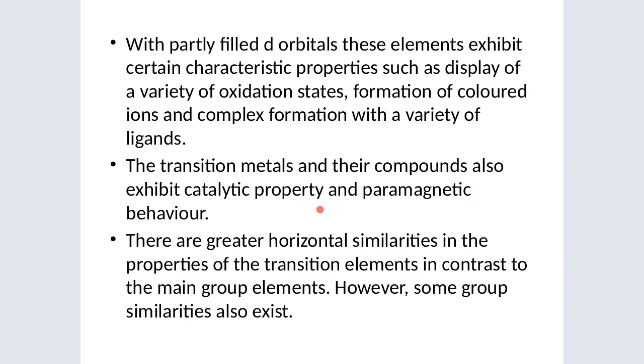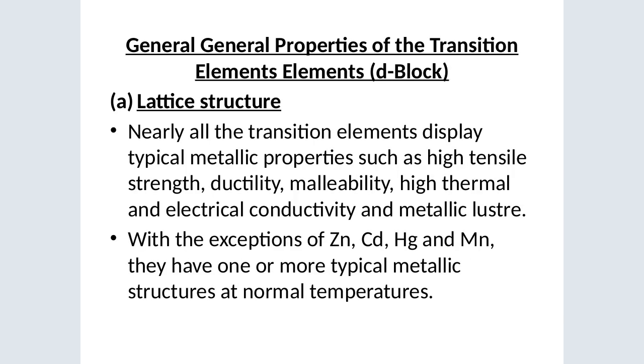There's also paramagnetic behavior that usually is exhibited by these, and mainly because of the electrons which are not paired, that are found in the d orbitals. But most of these properties we look at later on.